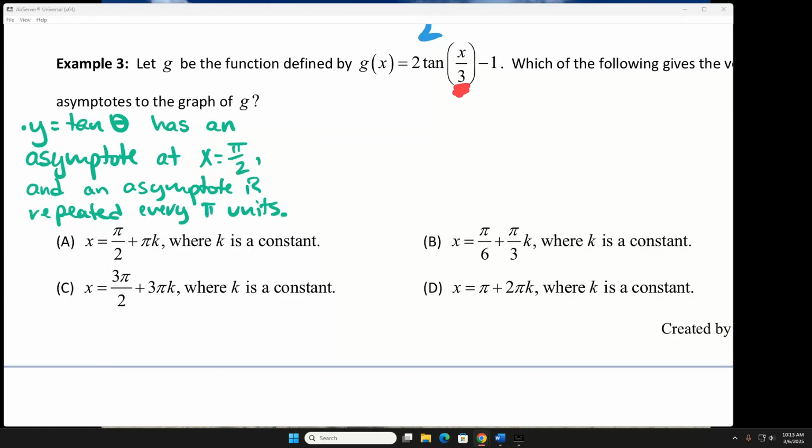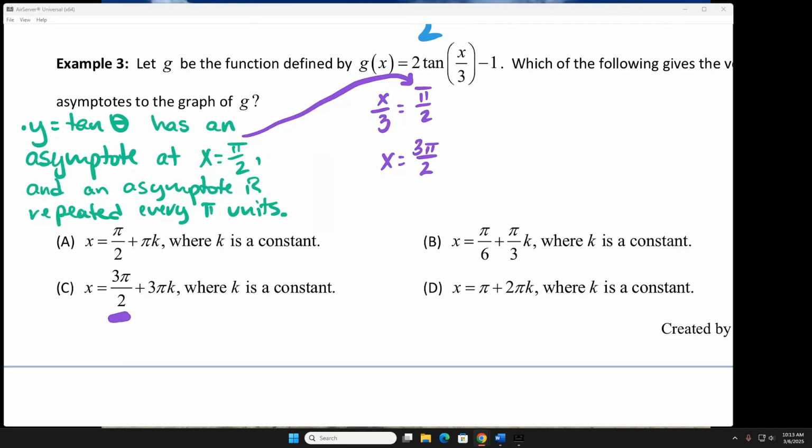What we'll do is take that x over 3 and set it equal to where the asymptote would be for the parent function, and then solve it for x. All right, so that is a new asymptote. And when you look at your answer choices, there's only one of those.